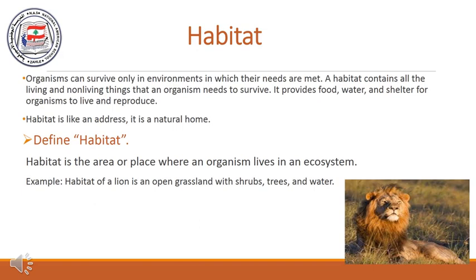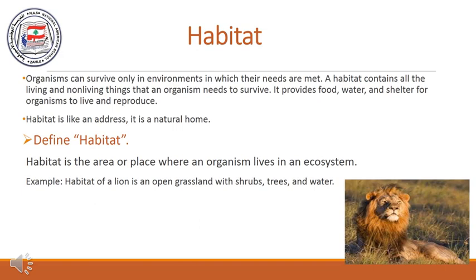A habitat contains all the living and non-living things that an organism needs to survive. It provides food, water, shelter for organisms to live and reproduce. So the needs of animals in order to live and reproduce are food, water, and shelter.